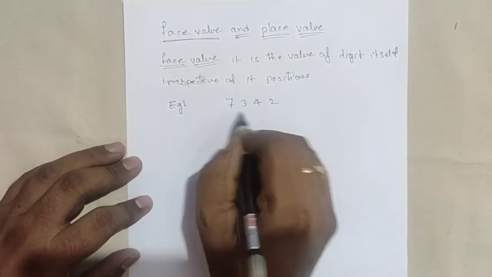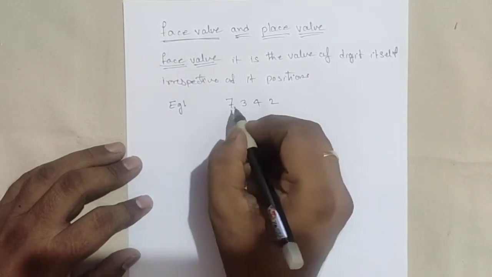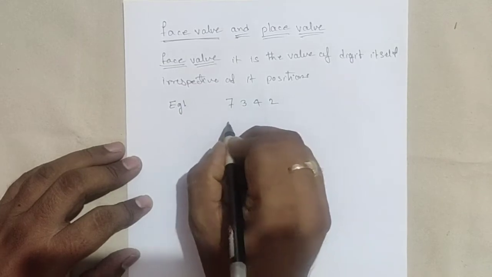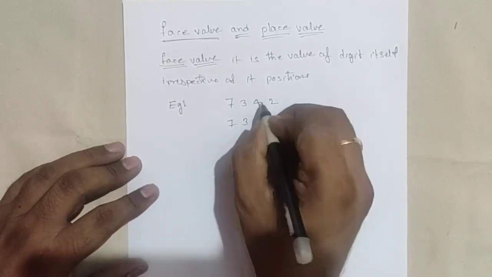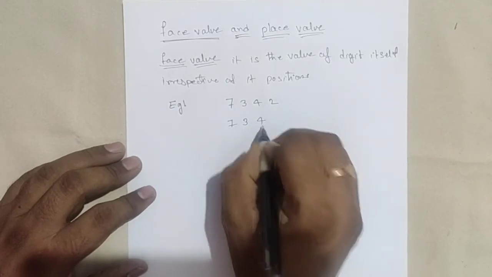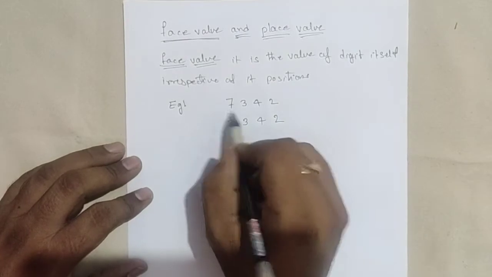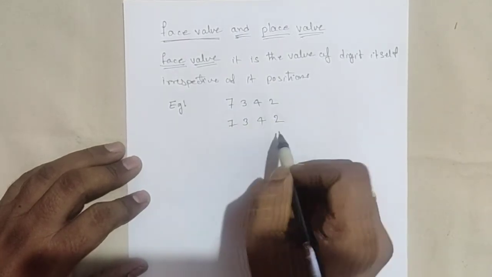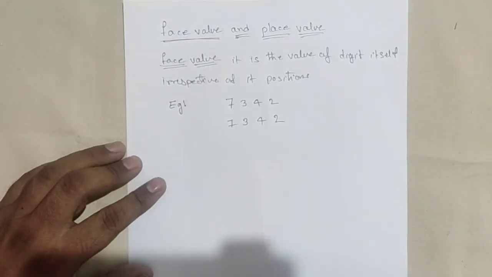Wherever it is present in the given number, what is the face value of 7 itself, of 3 itself, of 4 itself, of 2 itself. Face value is nothing but the digit itself, irrespective of the position.